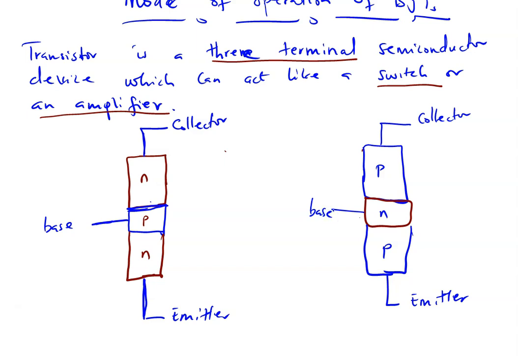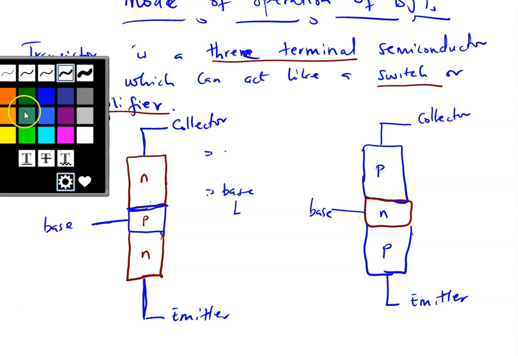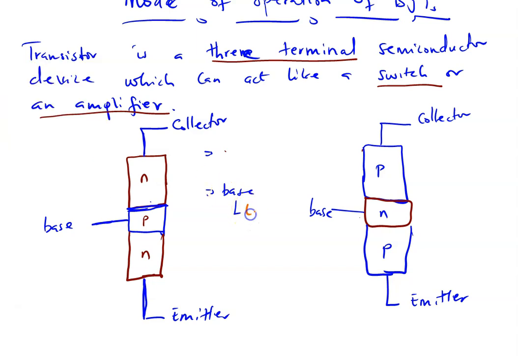So what's the difference between the base, the collector, and the emitter in terms of doping? The base is lightly doped. You should take note of it. The base is lightly doped with P or N. That is when it comes to the PNP.